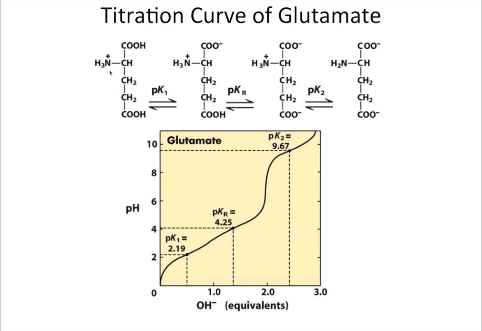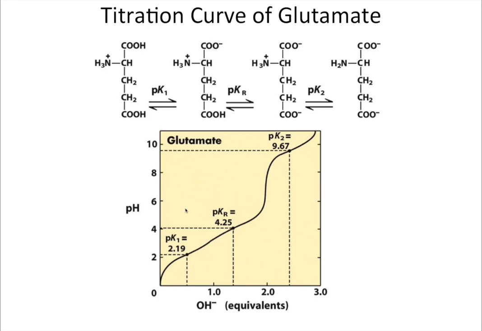We have a protonated amine group and a carboxylic acid group that also has its proton. As we begin to add base, what happens? We start the conversion from this first structure to the second structure, and just like before, the carboxylic acid group more easily gives up its proton and becomes deprotonated.